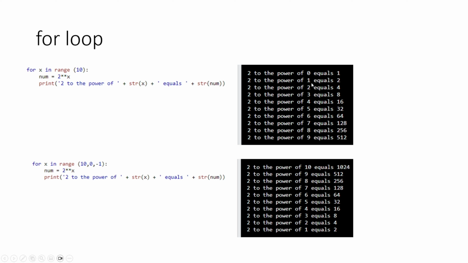The second time x will be equal to 1, x is equal to 2, and I can go ahead and print this out each time we take x, and each time we take 2 and we raise it to the power of x. Now if I want to count negative numbers, that's just counting backwards.